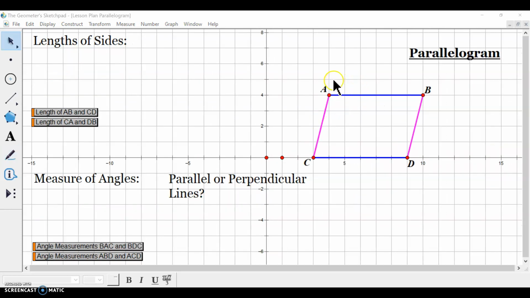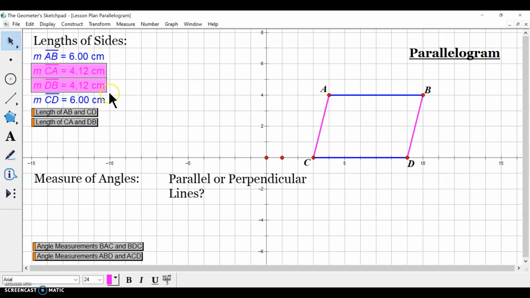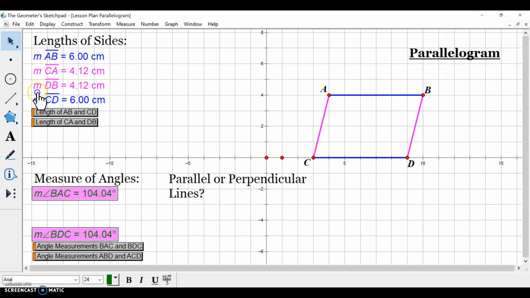Next, we're going to take a look at a parallelogram. So first, we're going to take the length of the sides, and we can see that opposite sides have the same length. They have equal lengths. And when we take a look at the measures of the angles, opposite angles, so angle A and angle D, and B and C, have equal measures.